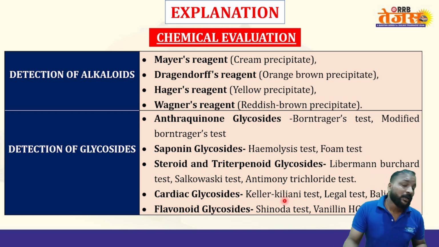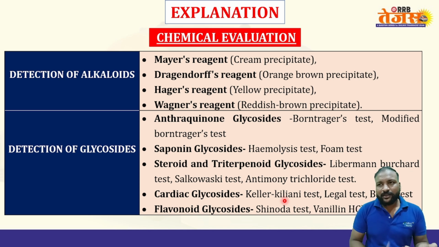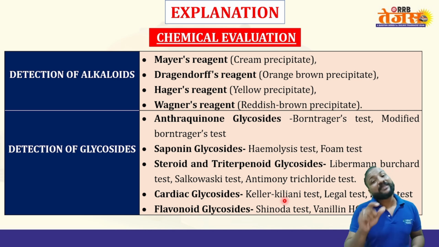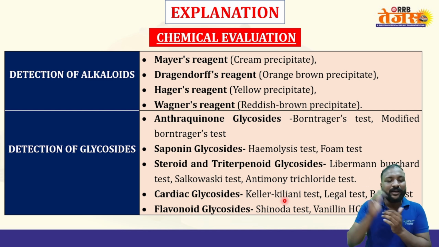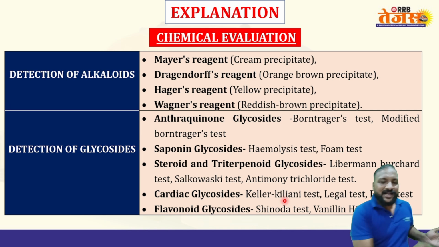Okay. Yes. Please do remember each and every test, and you need to know which test is for which secondary metabolite, which test is for which chemical constituent. Sometimes the examiner will ask for a specific test for a specific secondary metabolite, so you need to remember all the secondary metabolites and their respective identification tests. Clear?